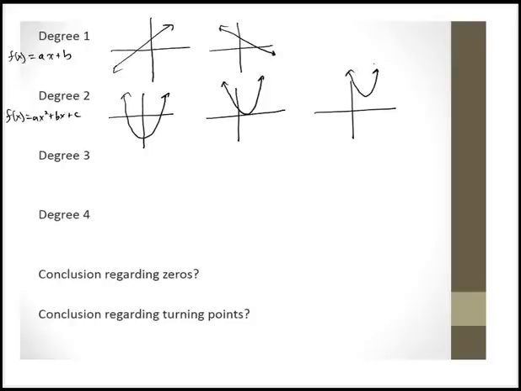Degree 3, we haven't worked too much with degree 3 polynomials, but what we have seen is they can do things like this. Right? Sort of having a center point. We talk about that as the transformation of f of x equals x cubed, which is a degree 3 polynomial.